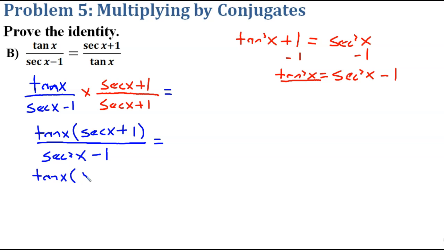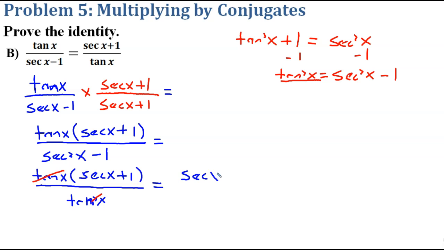So tangent x times the quantity of secant x plus 1 over tangent squared x. And at this point I can cancel my tangent with the squared part of the tangent from the bottom. Okay, again, if I distributed things in the numerator, I could always factor again to cancel. And that's going to leave me with the secant x plus 1 over just the tangent x.